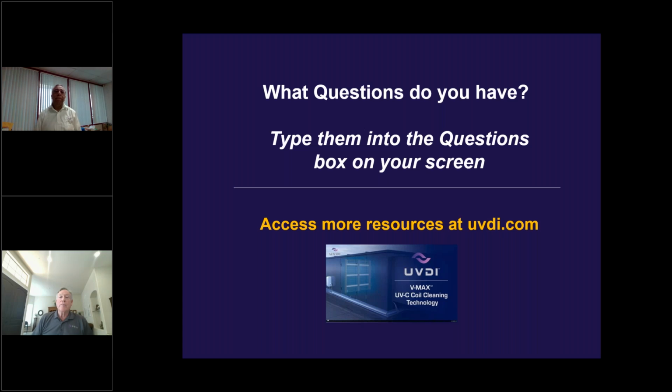Next question: assuming both installs are possible, wouldn't a downstream install be less effective because of the impact of cool air on the UV output of the lamp, which is directly linked to the temperature of the lamp? Yeah, that's a really good question. If you have the option, you could place it upstream, but we recommend the downstream more because of getting the drain pans.